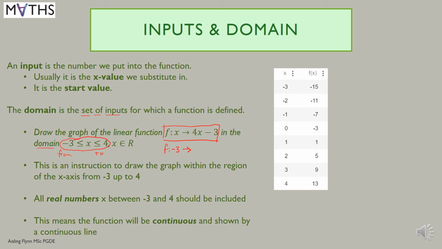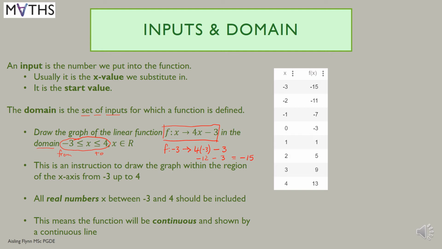The function tells you to multiply the minus 3 by 4. So 4 times your x, 4 times your input, 4 times minus 3, take away 3. 4 by minus 3 is minus 12, minus 3, and when you have minus 12 minus 3, the result is minus 15.